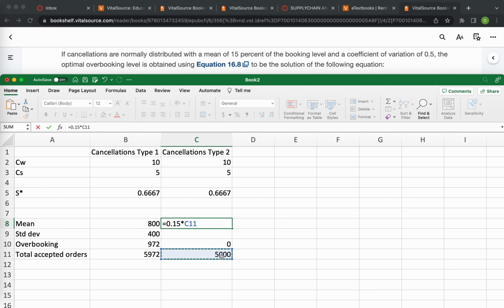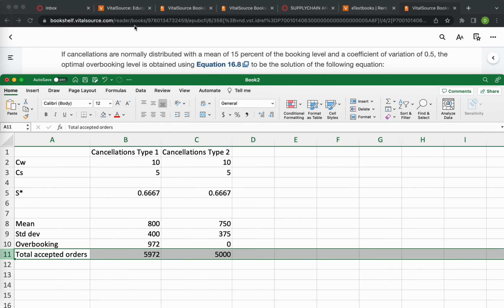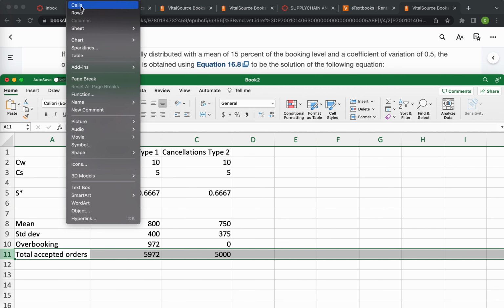Now the booking level won't be exactly 5,000, it'll be different from that, obviously. Standard deviation is, so we have a coefficient of variation of 0.5, which means it'll be 0.5 times whatever the value of the mean is. So standard deviation divided by mean is 0.5, so standard deviation is mean times 0.5, right? That's going to be the case, and then that's the overbooking value.